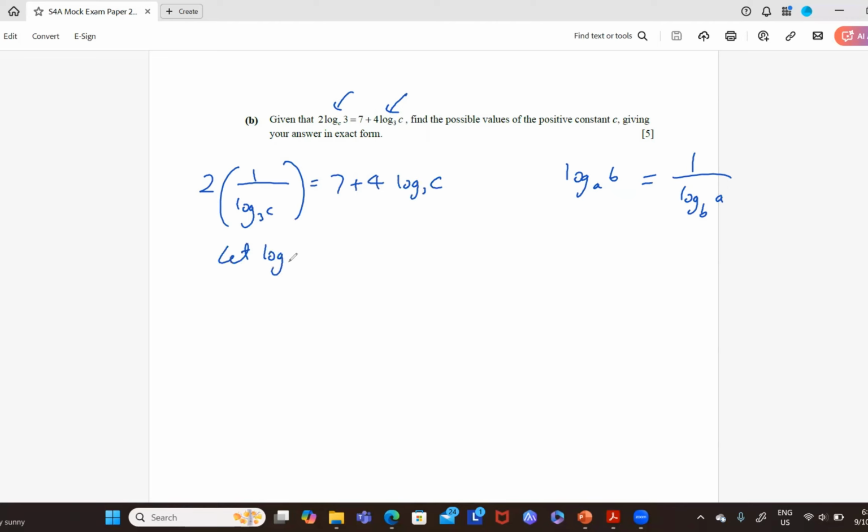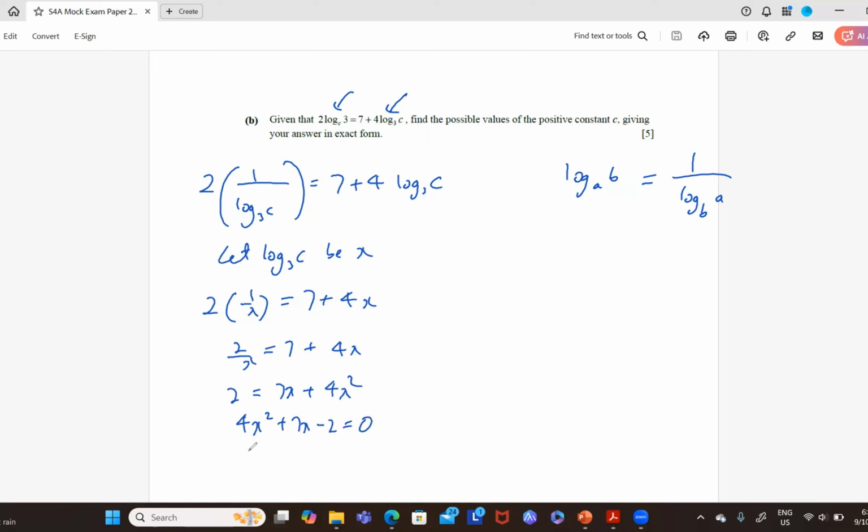So let log 3C be x. So this becomes 2 times 1 over x equals 7 plus 4x. Multiply the whole thing with x. So this 2 equals 7x plus 4x squared. This is 4x minus 1, x plus 2 equals 0. So from here, x equals 1 over 4, or x equals minus 2.